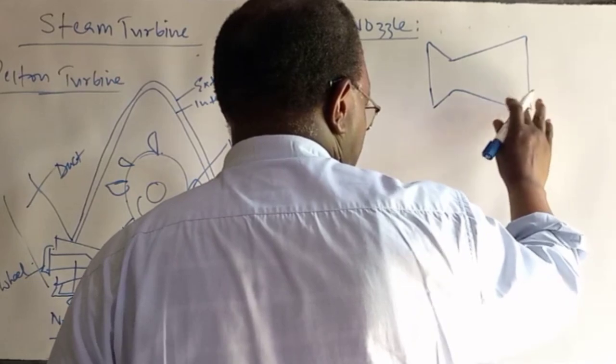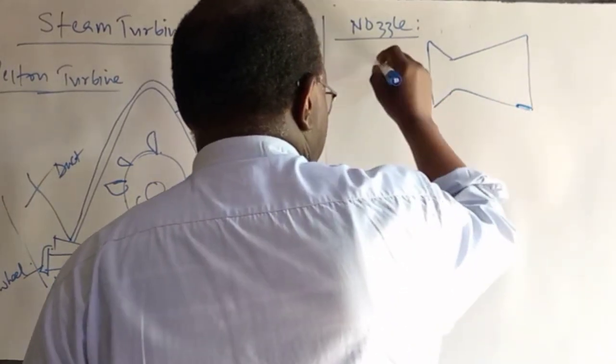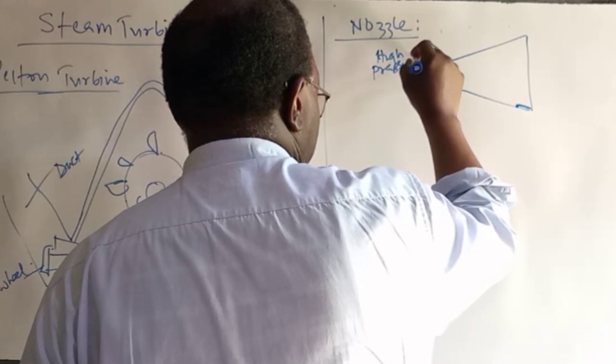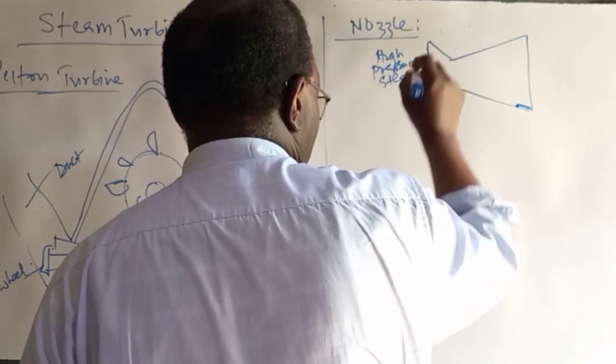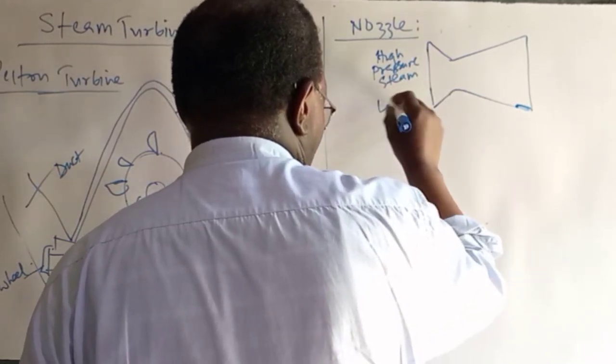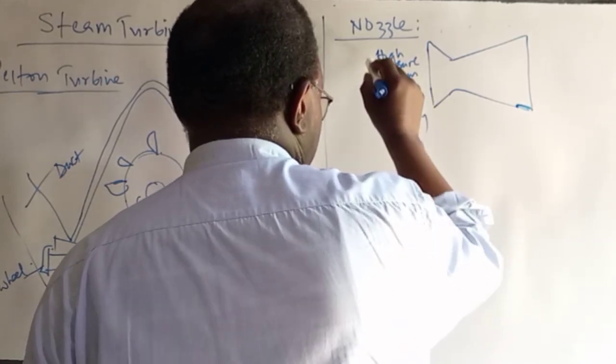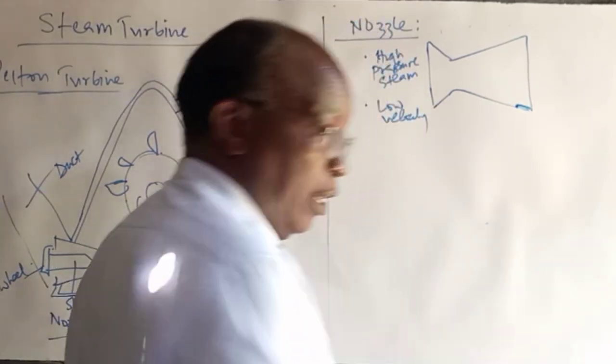In this unit, this nozzle, we have the high pressure steam from the boiler. And of course, its velocity is very low. It's high pressure and velocity is very low.